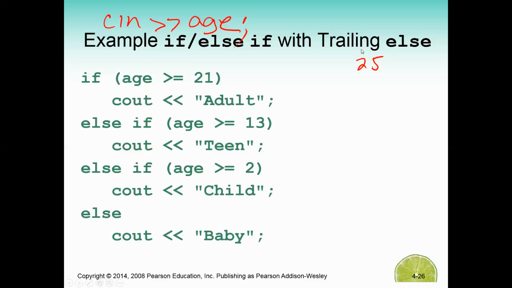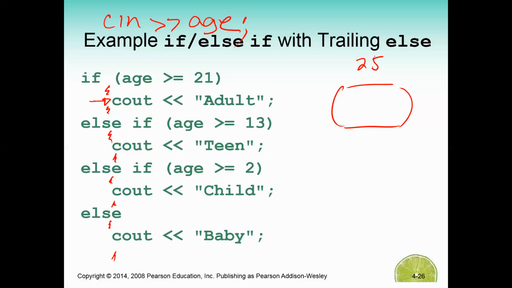So we have our first if. We're going to add the curly braces here. And we're going to check, is the age greater than or equal to 21? If this is true, this cout is going to be executed. So we're going to display adult on our screen.